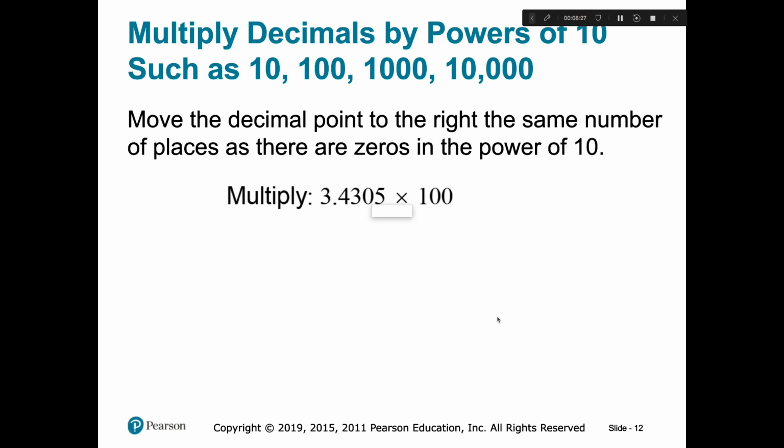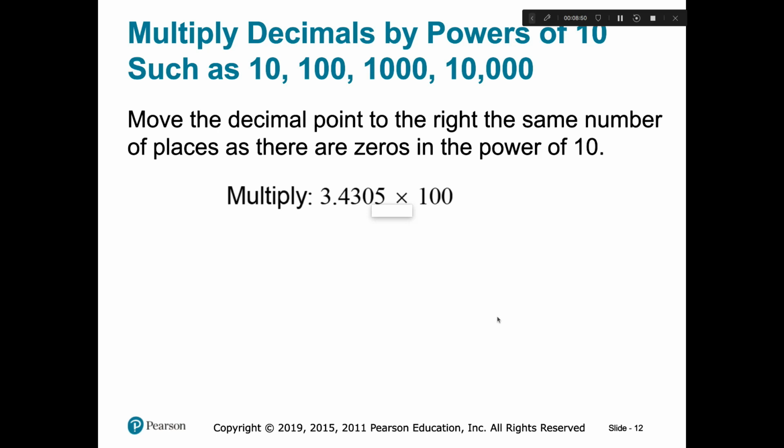However many places are behind the decimal point in your problem, you put that many in your answer. This one has 3 behind the decimal point, so you put 3 in the answer. So you just multiply them like regular multiplication. Got it.